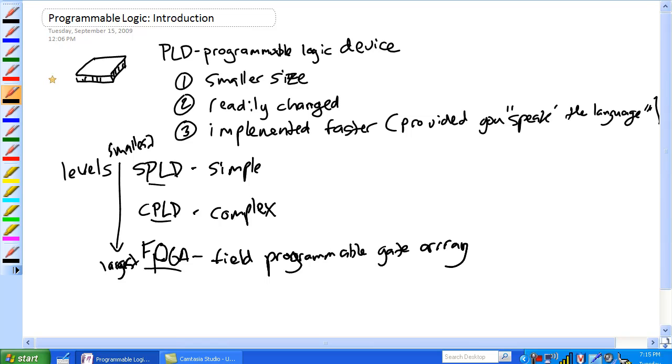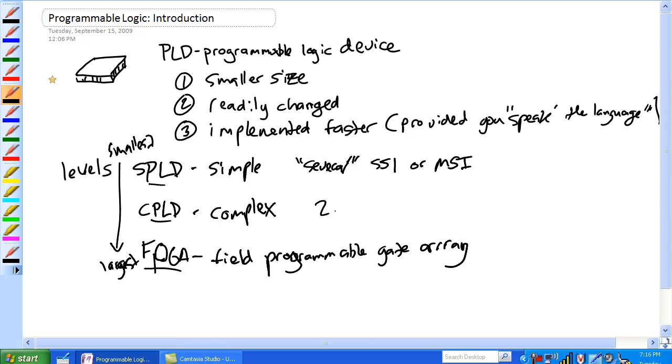But to go back here again, SPLD takes up several SSI or MSI chips. That depends. Again, what's our levels for SSI, 0 to 12? Again, you don't need to worry about the numbers.